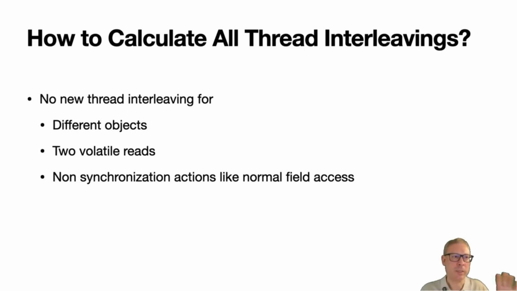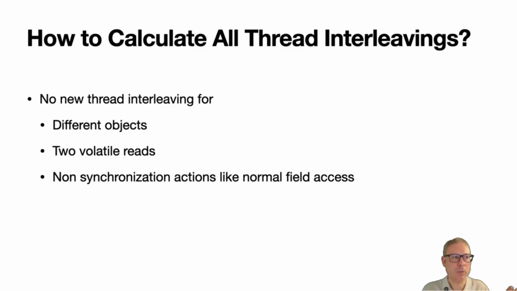So for this case, we simply choose one order of the threads and don't need to iterate to create a new thread interleaving, which reduces the amount of thread interleavings we need to create.